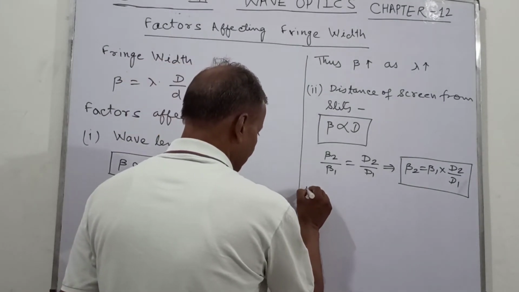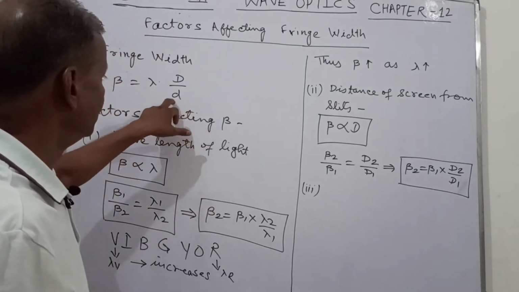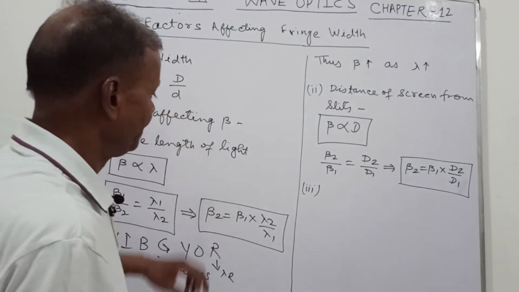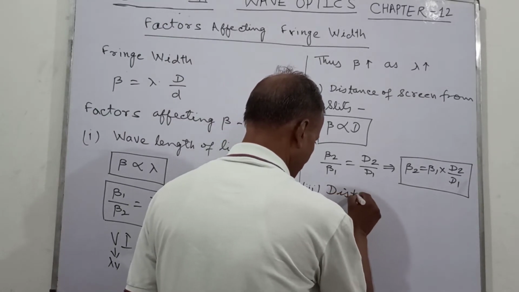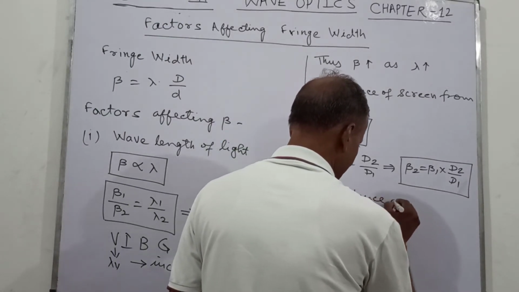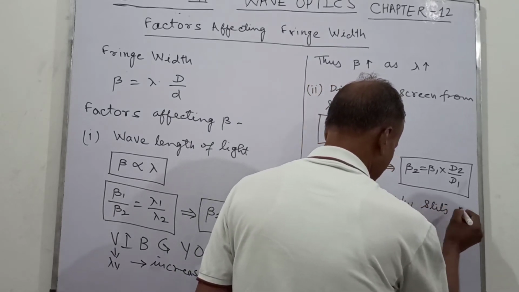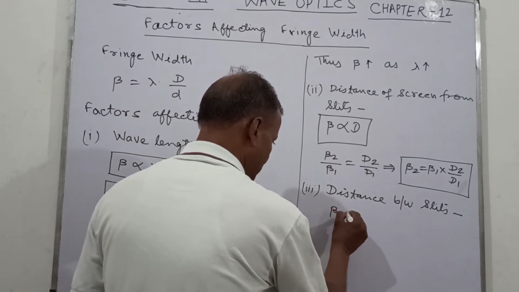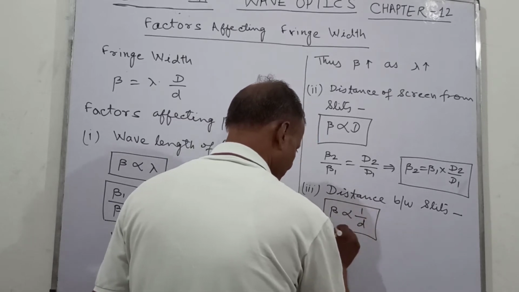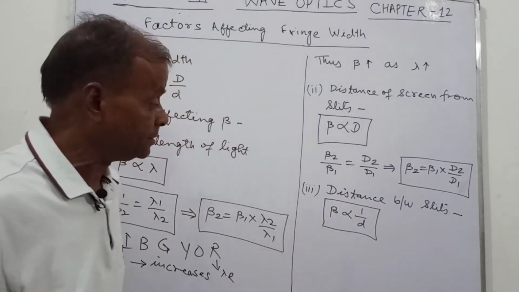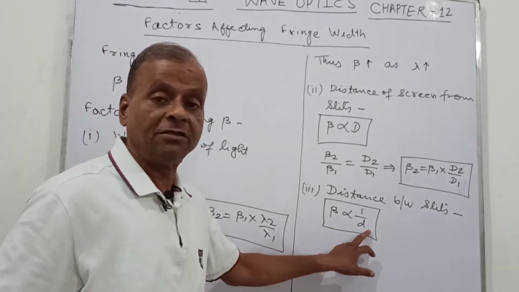And now third factor. Third factor is small d, distance between slits. So this beta is proportional to 1 upon d. It means that this beta increases as d decreases.